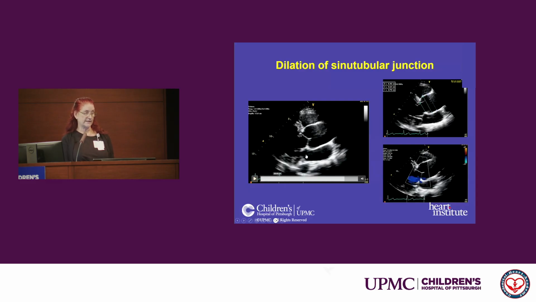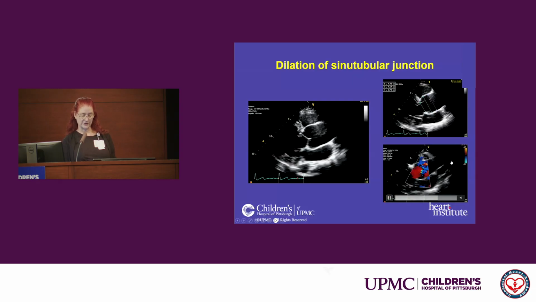But we also see this in our switches, the neo-aortic root, when the pulmonary root is moved over, and we also can see it a lot, unfortunately, in our hypoplastic left heart syndrome patients who also have a neo-aortic root where things become dilated. As I said, you can see that we've attempted to measure a sinotubular junction, but really that narrowing is gone.